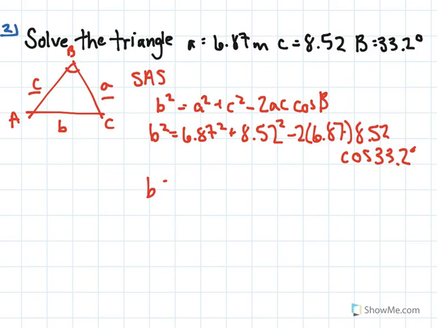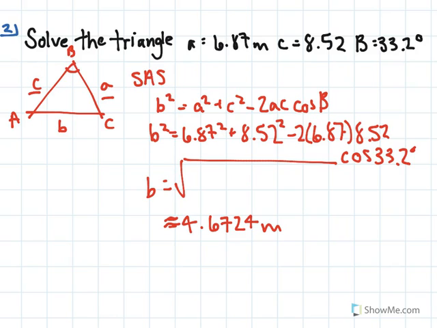So b is going to equal the square root of all of that. If you plug that into a calculator, you get approximately 4.6724 as our remaining side.